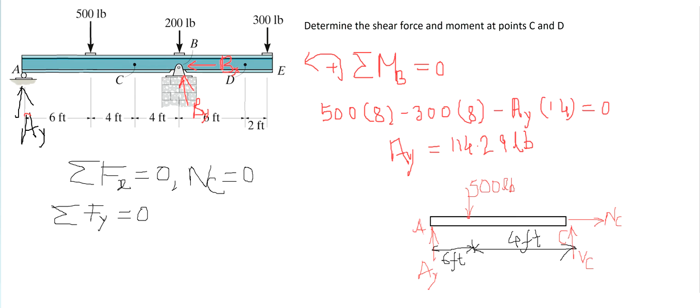Now total force in y direction is equal to 0, which means we have AY plus VC minus 500 equal to 0.